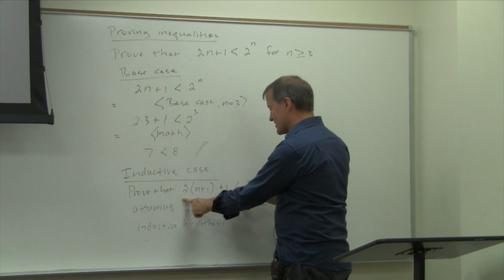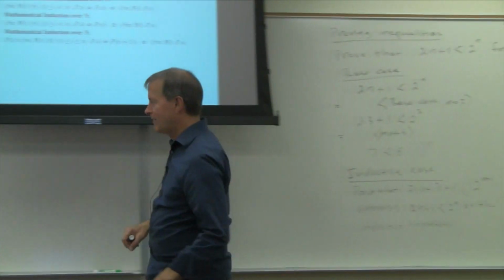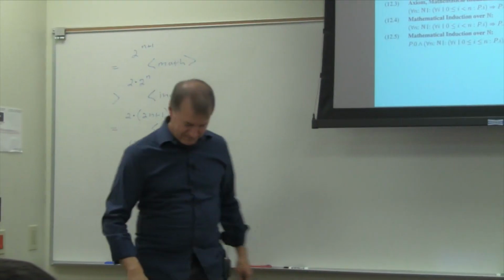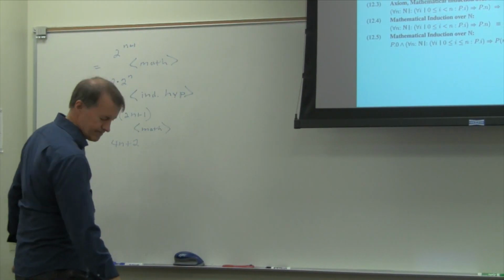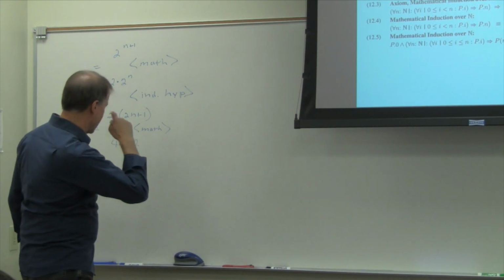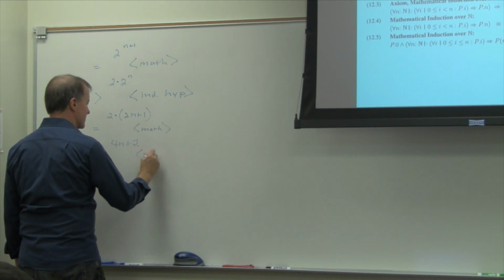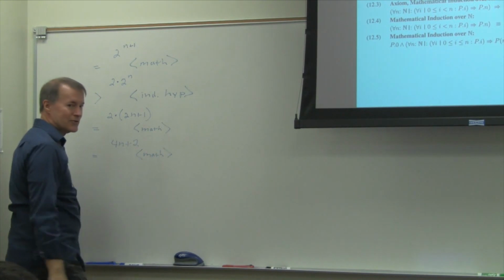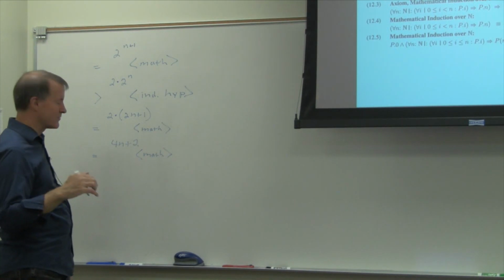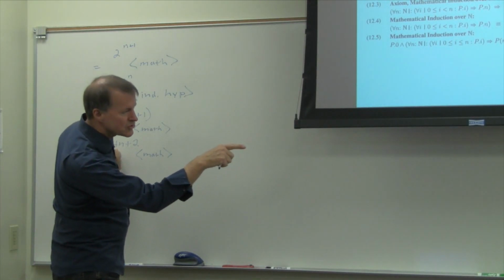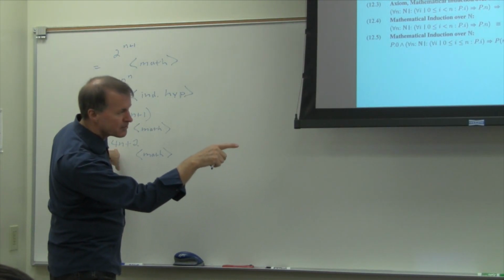So let's write this down. Write it down. See, let's write down this equals by some more math. Here, watch this. This manipulation is a little tricky. What are we trying to get this to? 2 times n plus 1 plus 1, right?